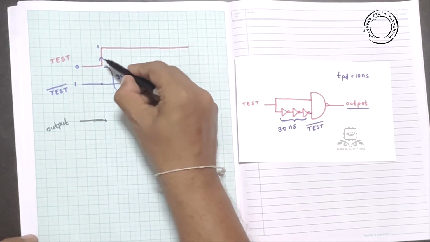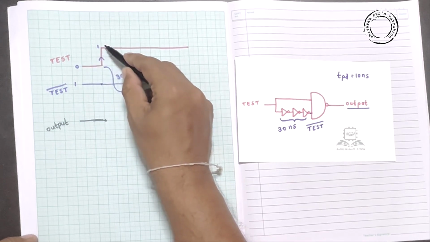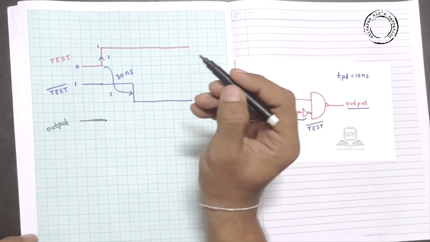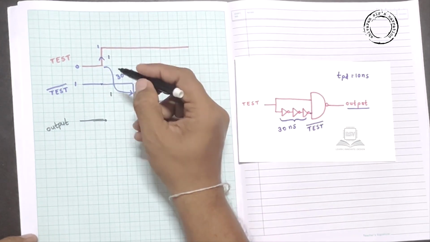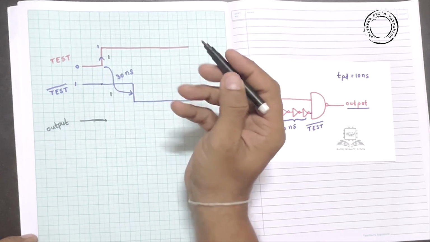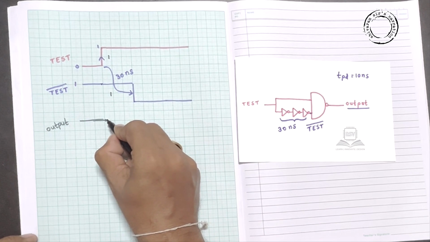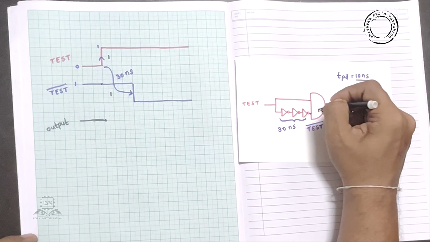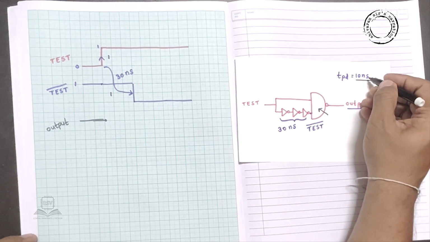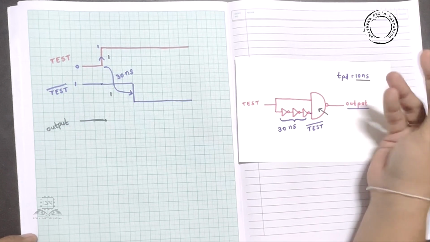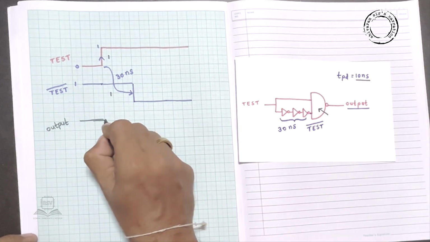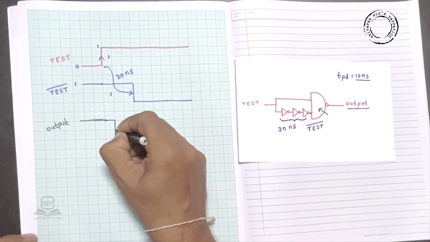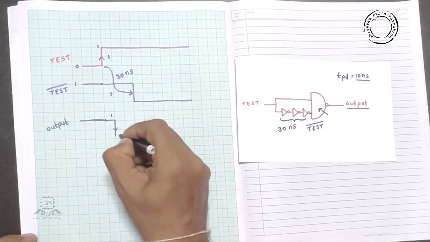Now as the test signal shifted from logic 0 to logic 1, there will be a change in the output, because 1 NAND 1 is logic 0. Here it happens after 10 nanoseconds only, because of this NAND gate there is a delay. We are assuming it as 10 nanoseconds, and you can take it as 20 or some other value. So after 10 nanoseconds, output is shifted from logic 1 to logic 0.